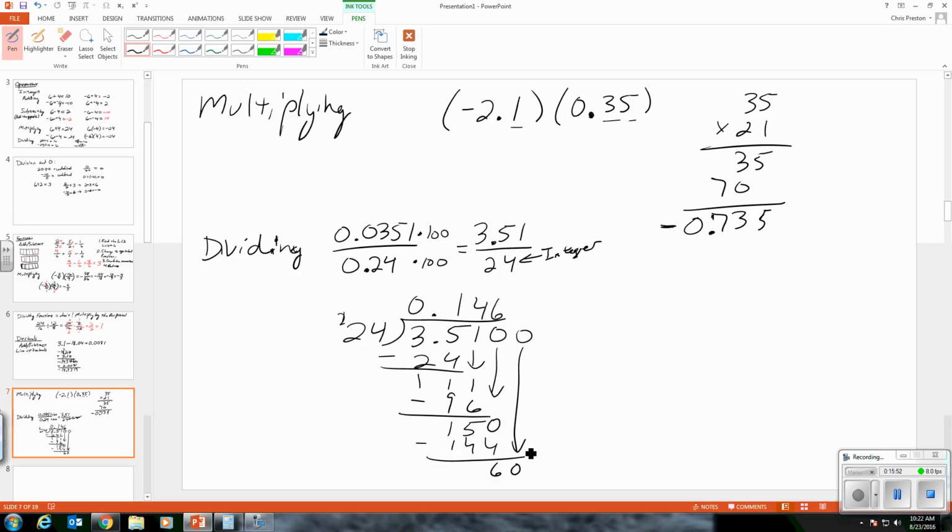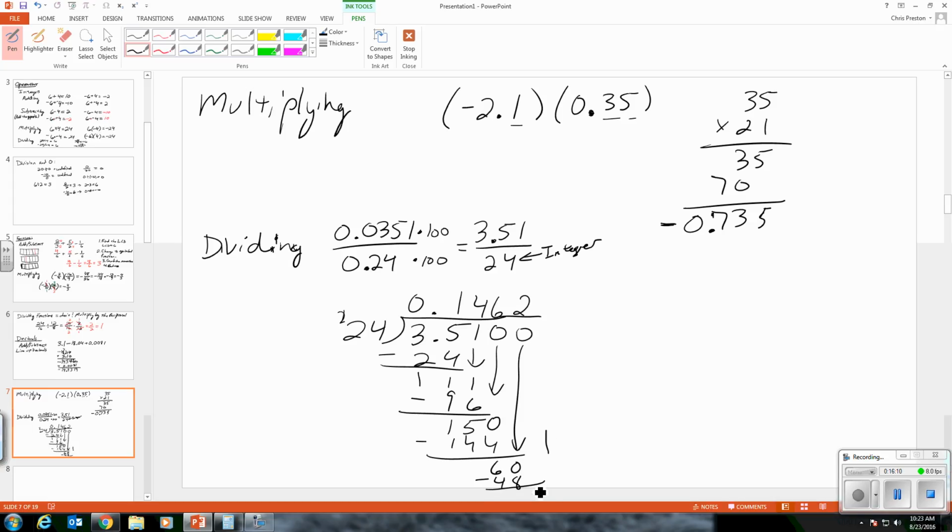Bring down another 0. 24 goes into 60. Well, 12 goes into 60 five times, so 24 would go in there twice. All right, 20, that's 12.